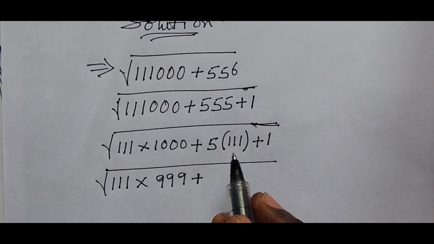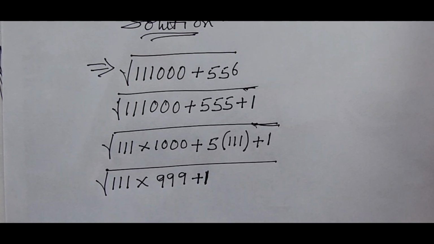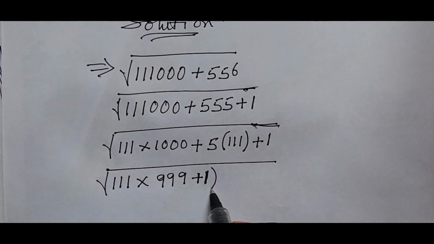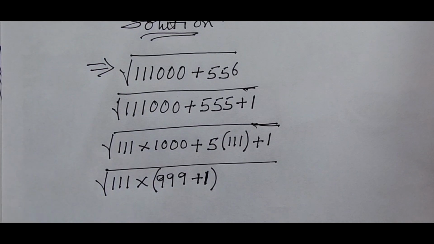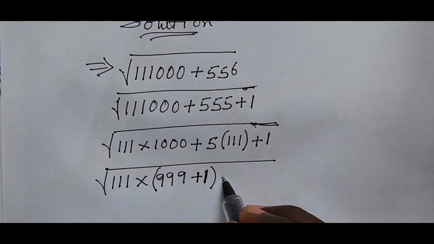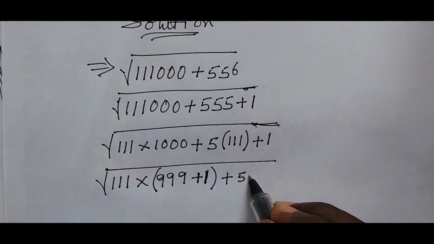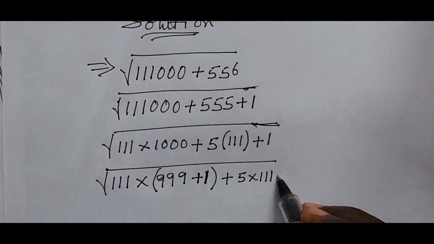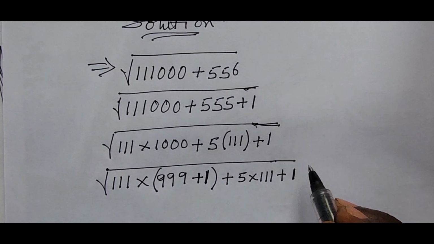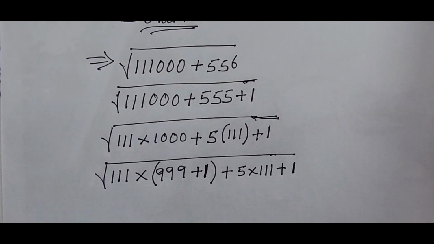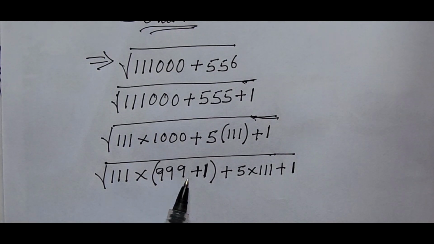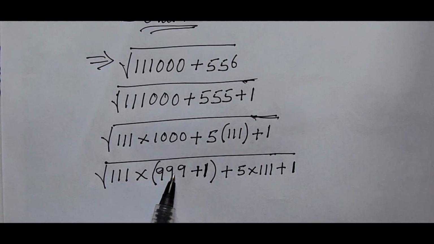Let's put this in bracket, plus 1, then we have our 5 times our 111 plus 1 on this other side. I believe there's no confusion here. All right. With this, we can use this to open up this bracket here now. You get it?